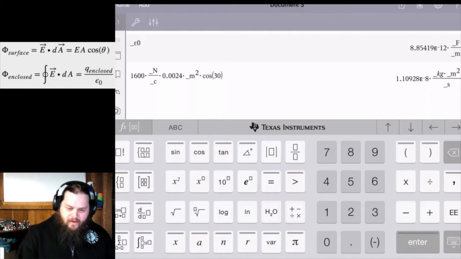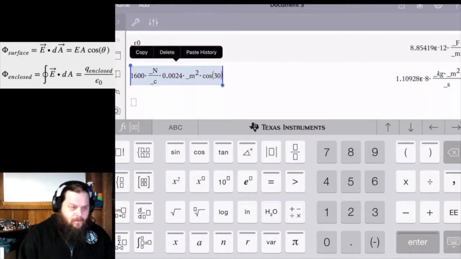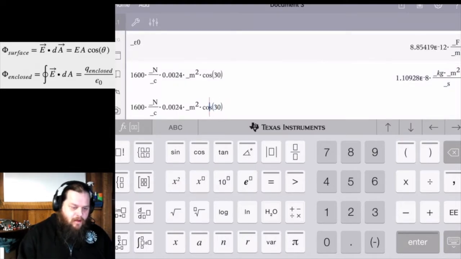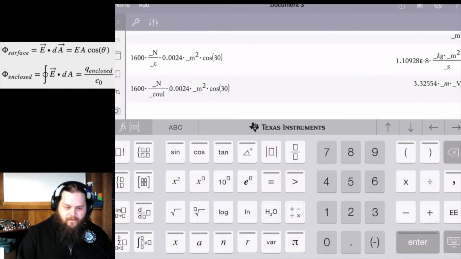And we get meters squared. Wait, something's not right. I put my wrong units in. That should be coulomb.